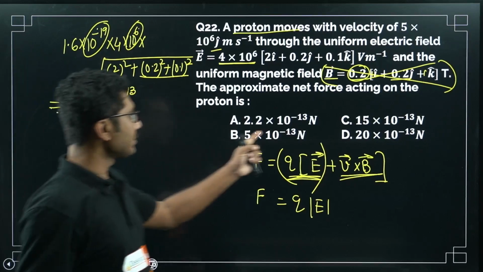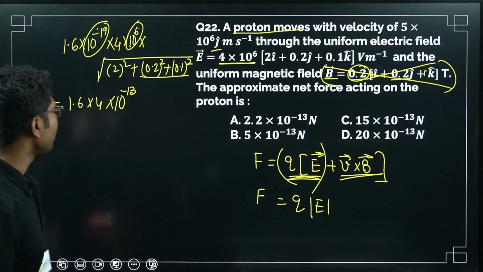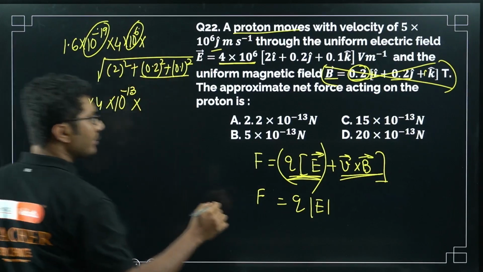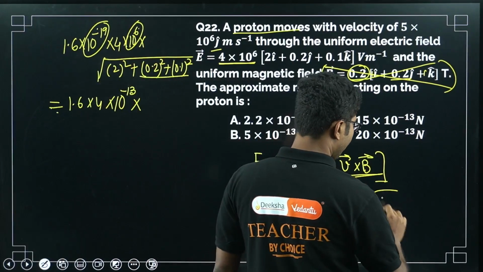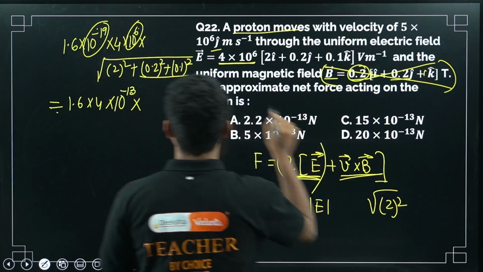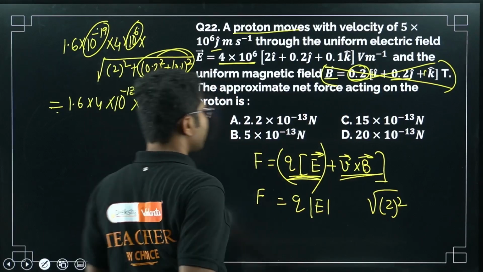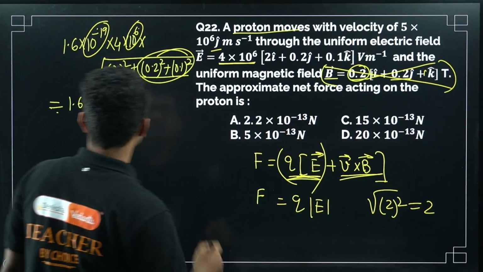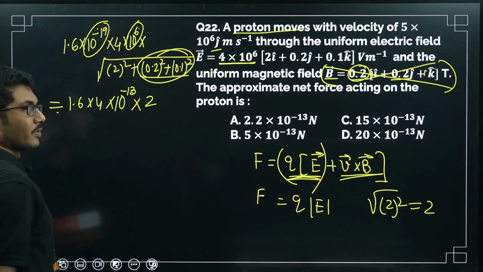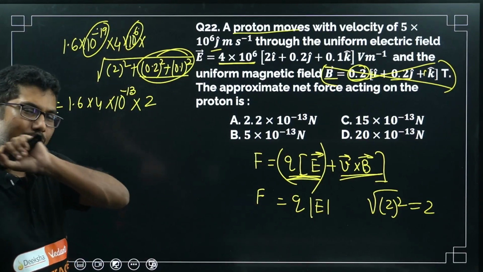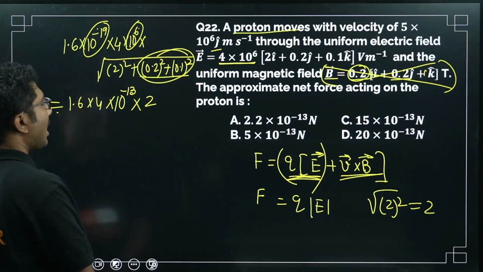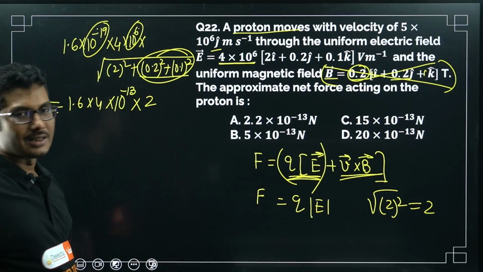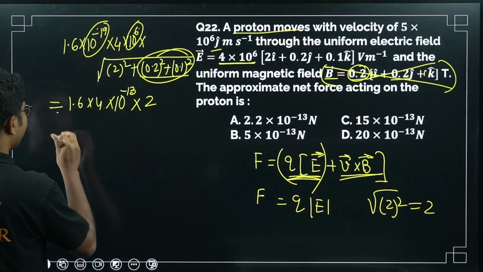And all the options you see already have 10 to the power of minus 13. Now the square root of 2 square, we are ignoring the small values also, so this will be only 2, so multiply by 2. And trust me, this is very close to the actual value. If you have solved everything properly, then instead of 2 you will get 3 here. That's it, that is the basic difference.